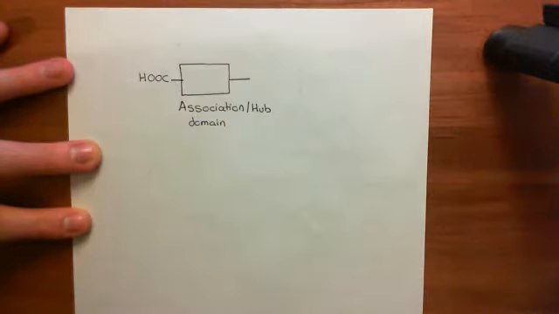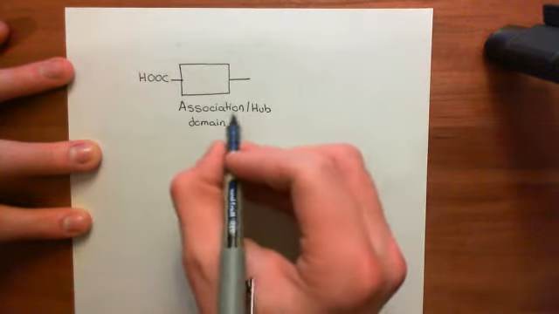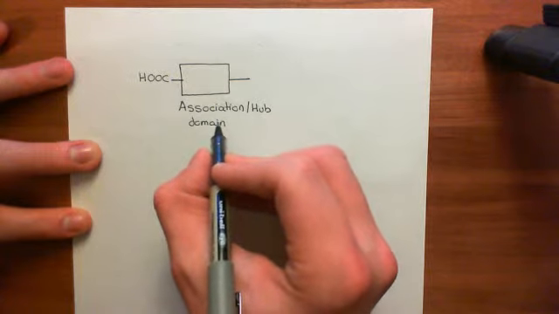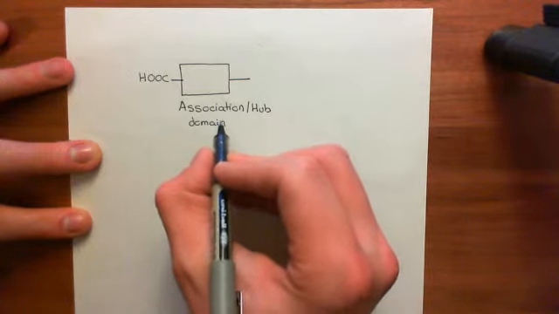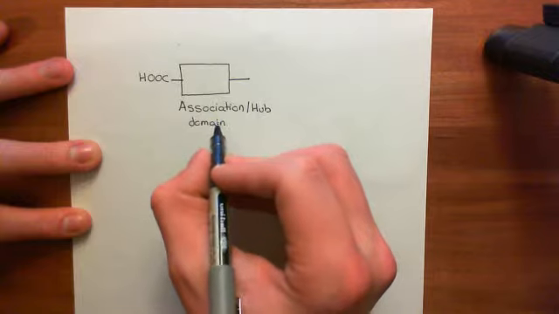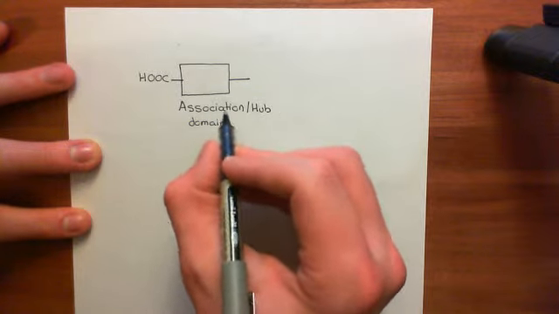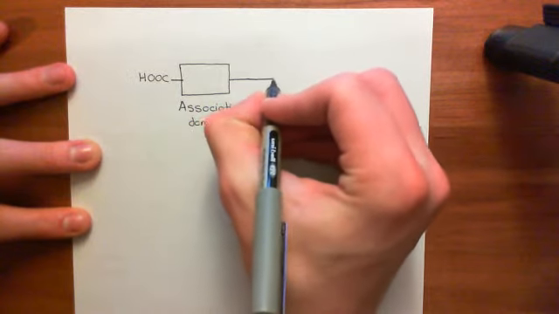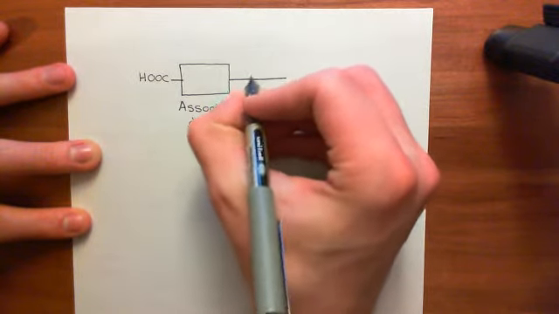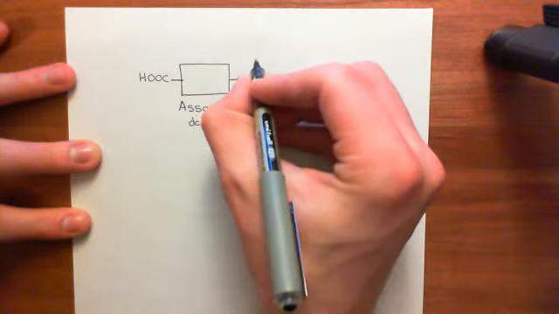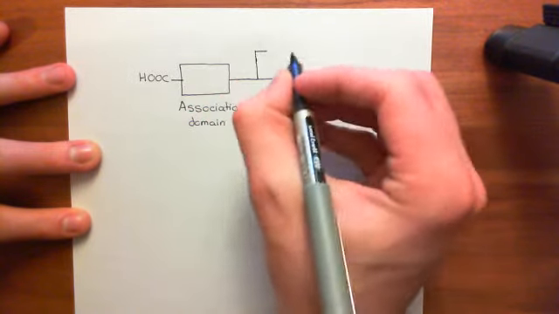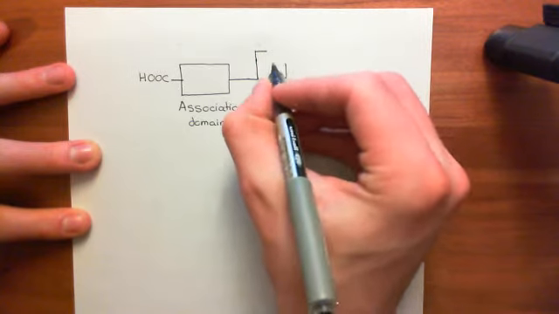This portion is responsible for the oligomerization of the CAM kinase 2 enzymes into these sets of 12. Then you have a linker portion, which has a pseudo-substrate portion coming off it, which is going to be inhibiting the catalytic domain.